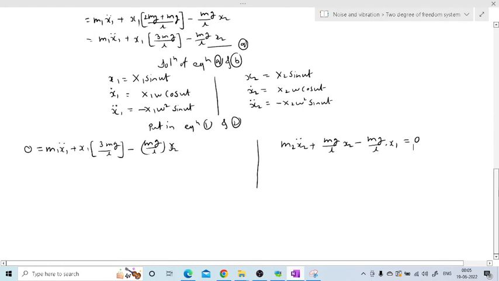So simultaneously we can do, first we will do for the equation 1. So here put the value of x1 and x1 double dot.